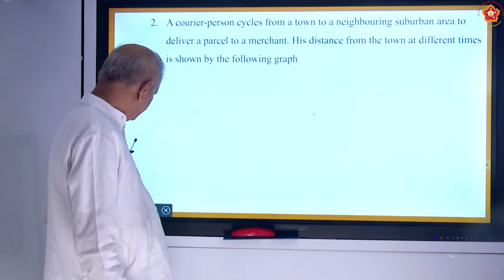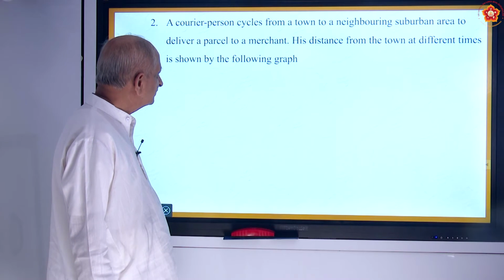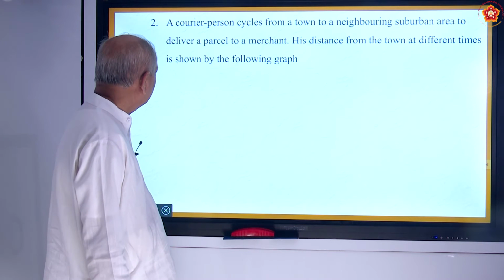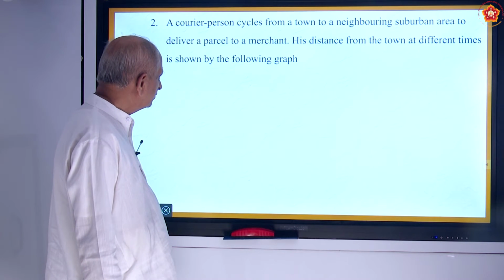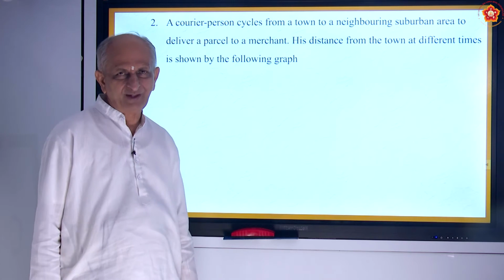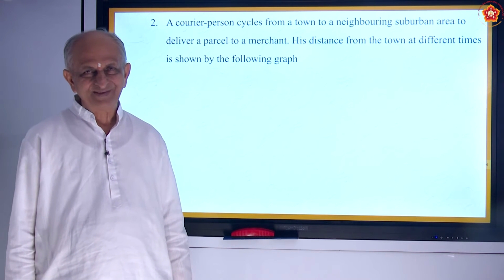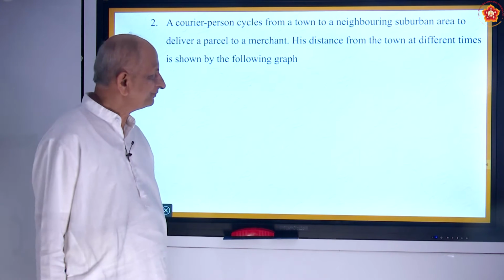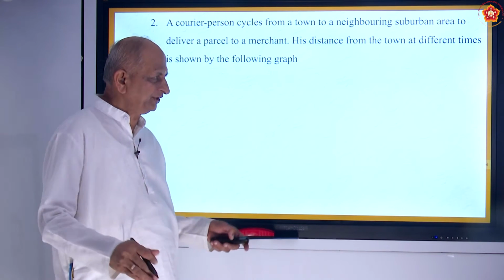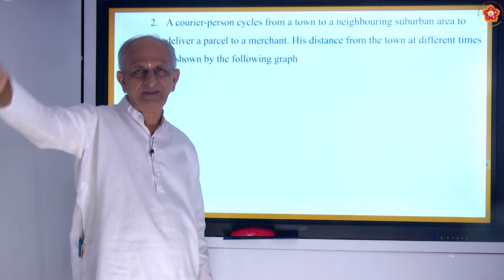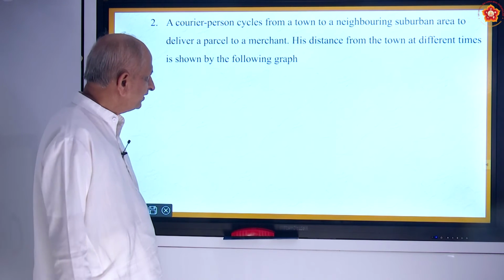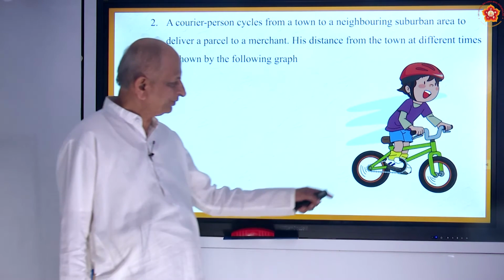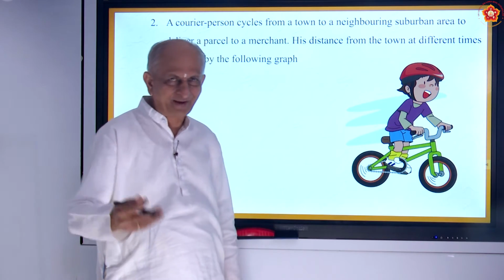A courier person cycles from a town to a neighboring suburban area to deliver a parcel to a merchant. You heard about courier? What is a courier? It is nothing but transferring parcels. So, from the city he has to go to different small places where the names are written. So this is one courier person, maybe your friend.